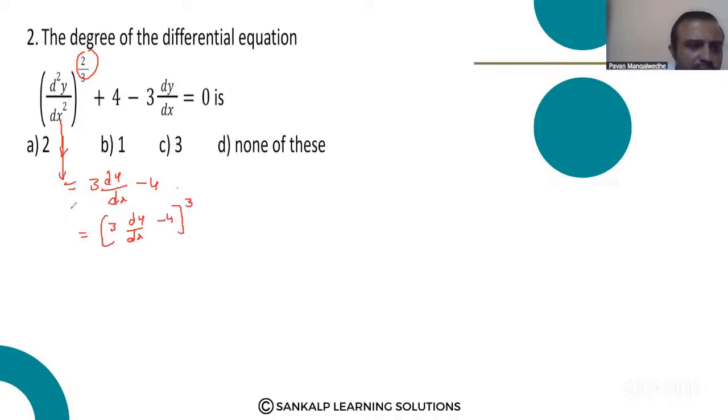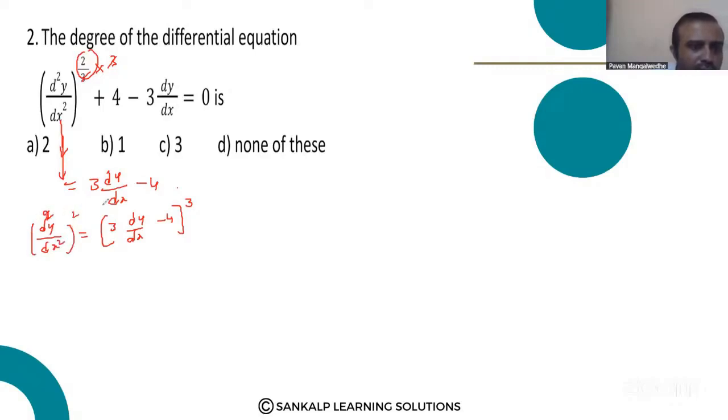Why raise the power to 3? Because by raising the power to 3, the cancellation happens and it becomes the whole square, that is nothing but d square y by dx square, the whole square.